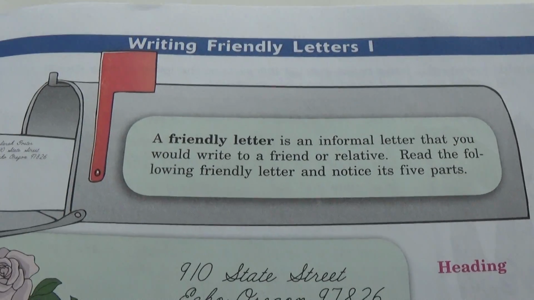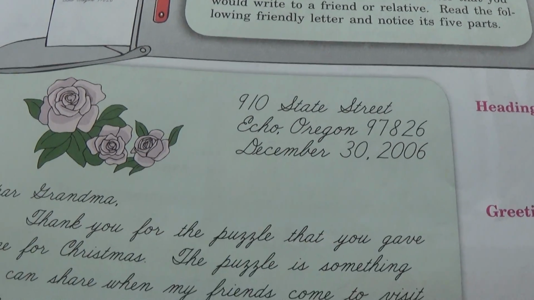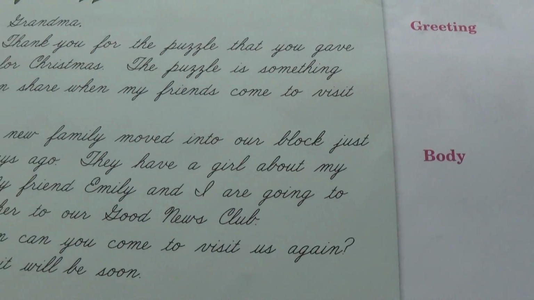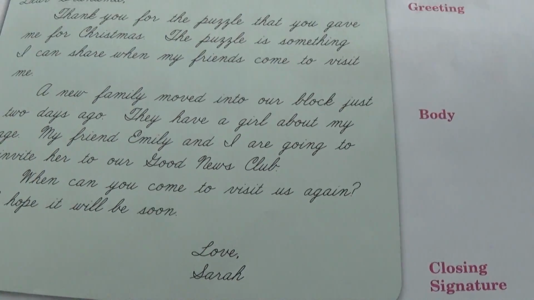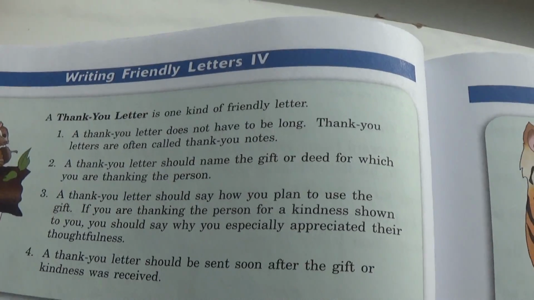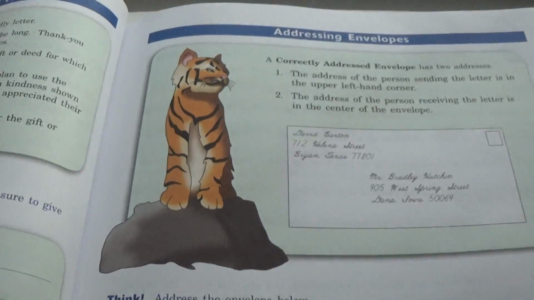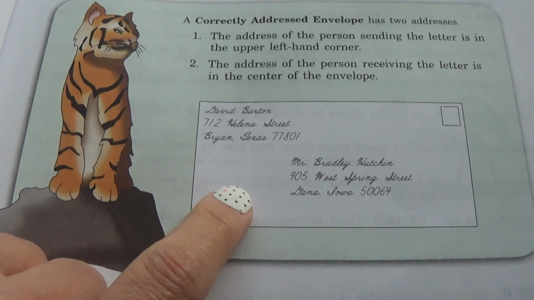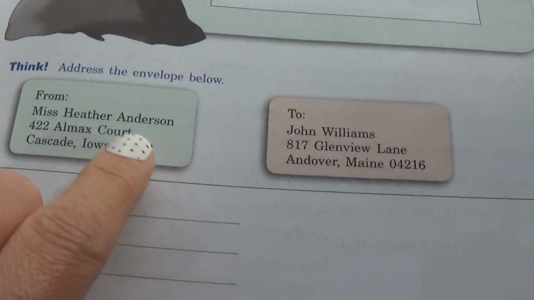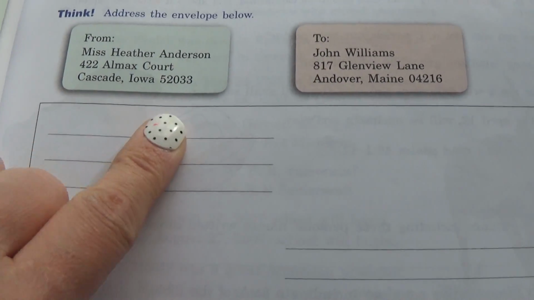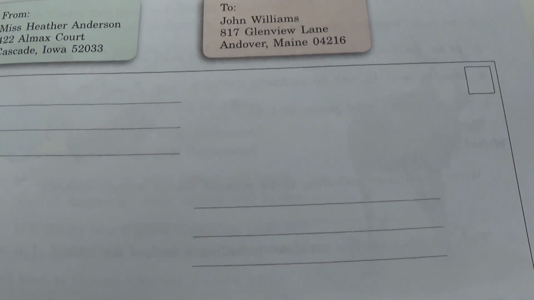Okay, and then writing a friendly letter. So we showed how we did it, and then we listed all the parts of a letter. And a thank you letter, how to write a thank you letter, and then how to address an envelope. So she had to have an envelope here, and then from, write where it's from and then who it's to.